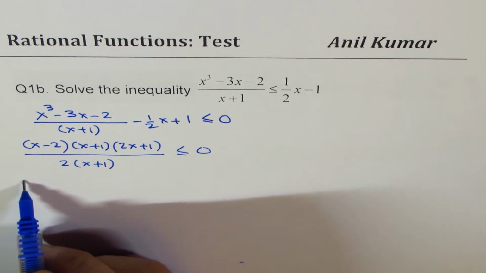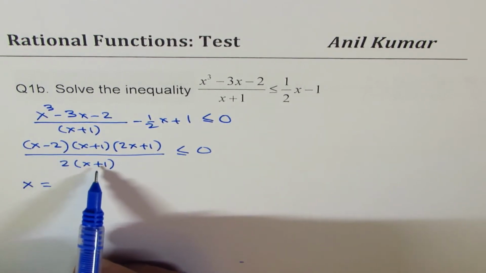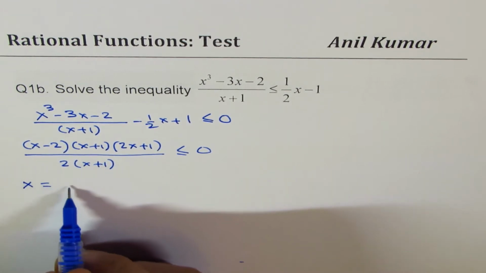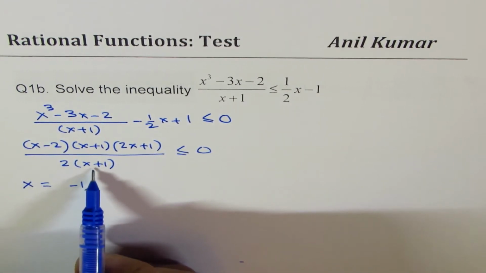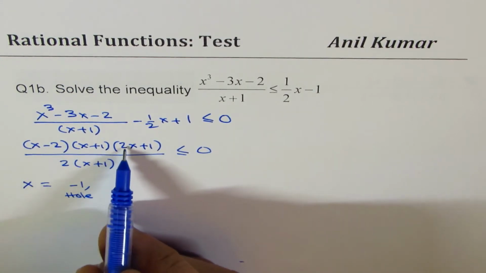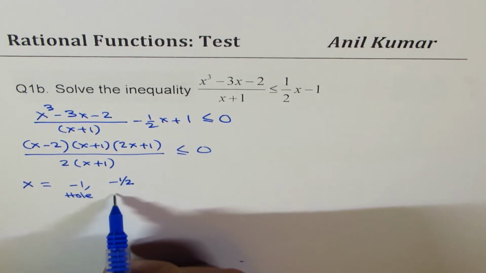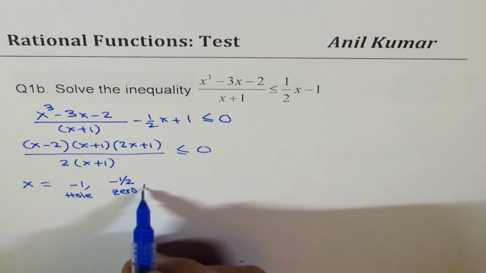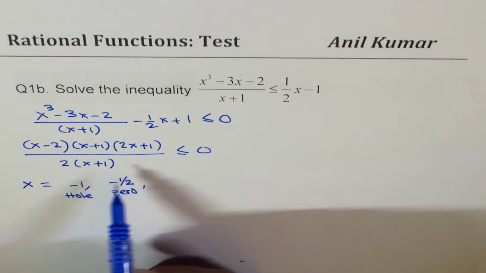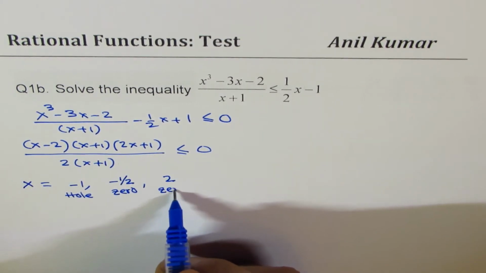So we are going to analyze the intervals between these. Minus 1 is one value, which gives us a hole. Then we have 2x plus 1, which is 0 for minus half, so that's a 0, which could be a solution, and the last one is 2, which is another 0, right?